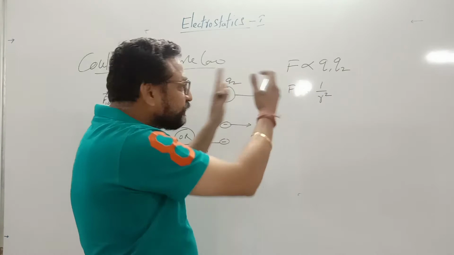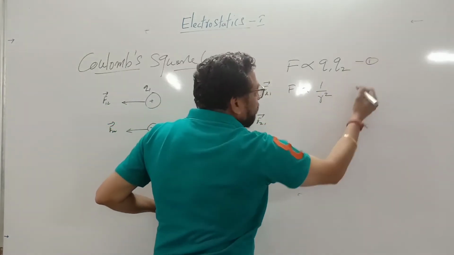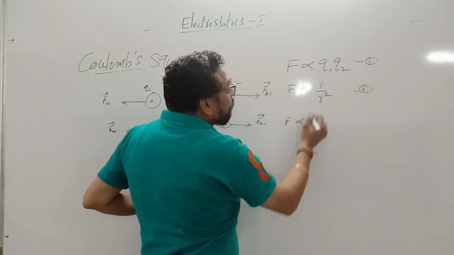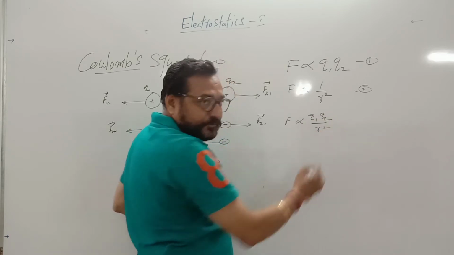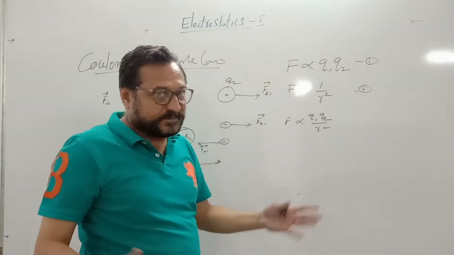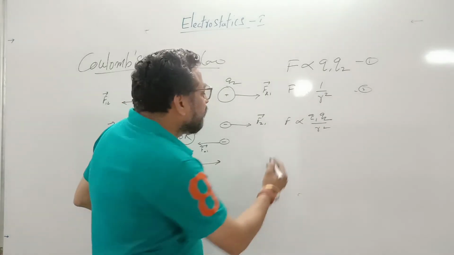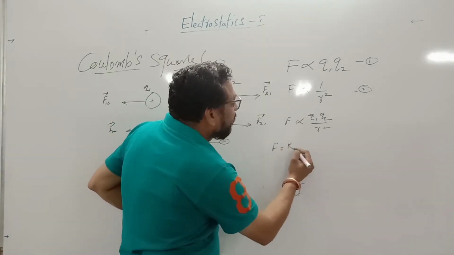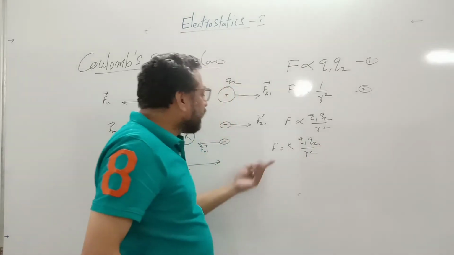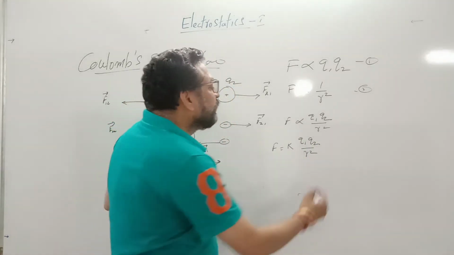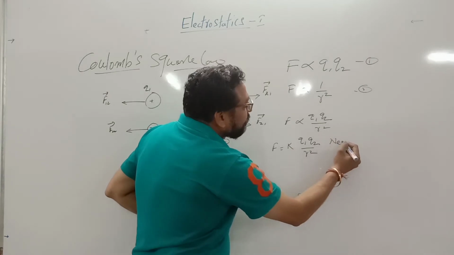On the basis of these two conclusions, we get F is directly proportional to Q1 Q2 upon R squared. And the proportionality sign is always replaced by a constant. Then F is equal to K Q1 Q2 upon R squared. Force is always measured in newtons in the SI system.